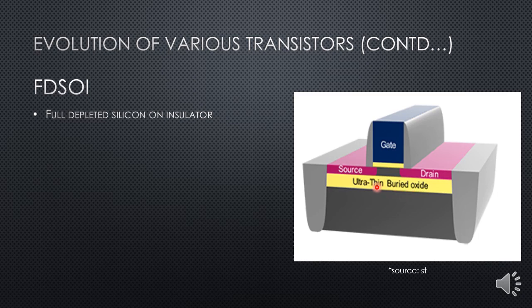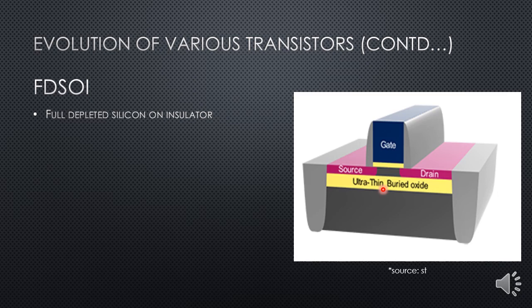We call it buried oxide because it is underneath the source and drain. We fabricate this ultra thin buried oxide layer first, and then on top of that we grow the source and drain, and then the oxide layer, and again one more gate. The channel here is very thin compared to the planar CMOS.